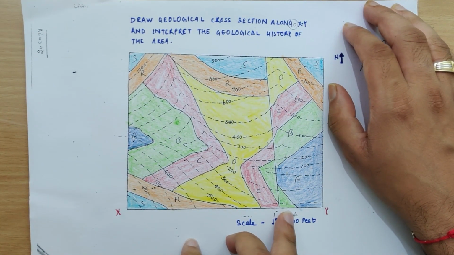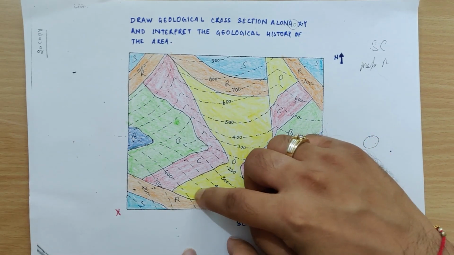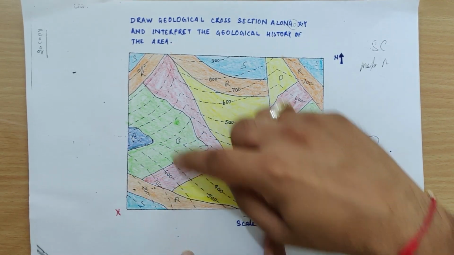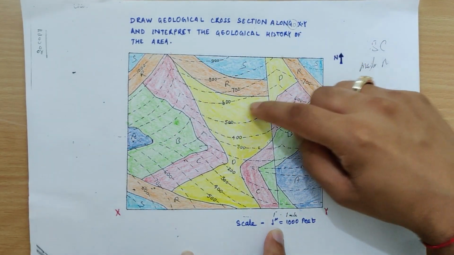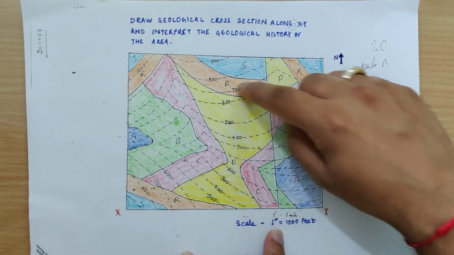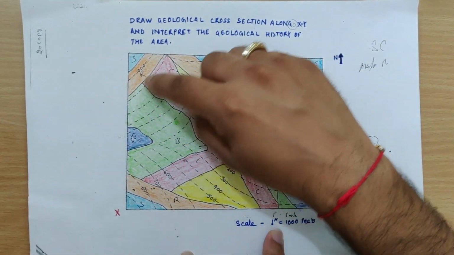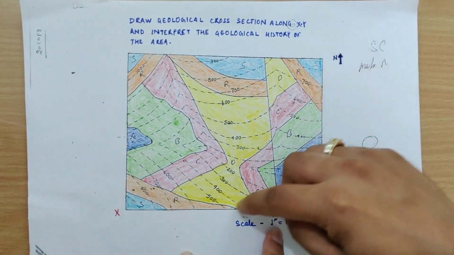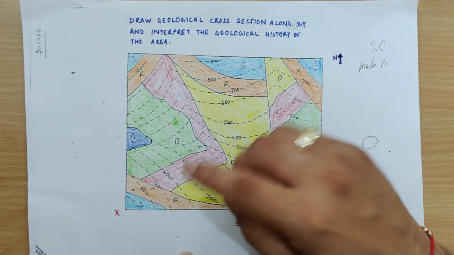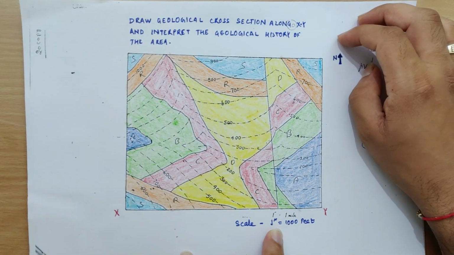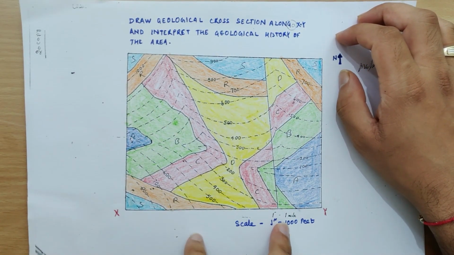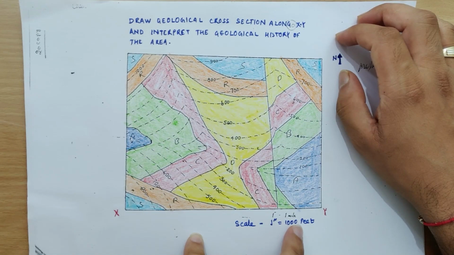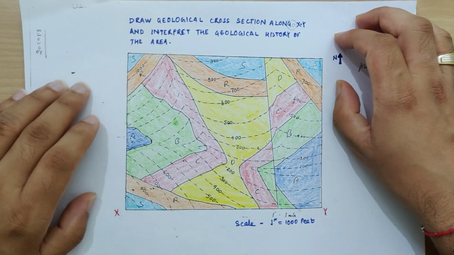Then we can see one more thing, that these beds A, B, C, D are being truncated against a trace. All the beds A, B, C and D are abruptly getting truncated against a trace. This truncation occurs only when we have the presence of an unconformity, because the unconformable surface is the surface of erosion and non-deposition.